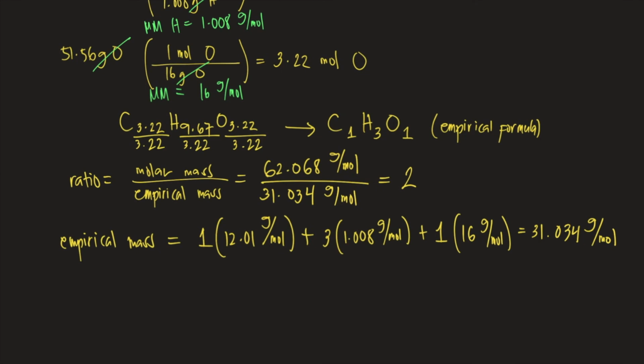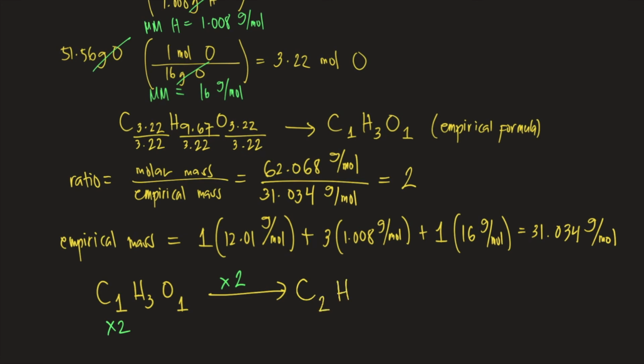Remember that we already solved for the empirical formula, C1H3O1. What you need to do is multiply the ratio to all the subscripts. For carbon, it becomes 1 times 2, so that is C2.